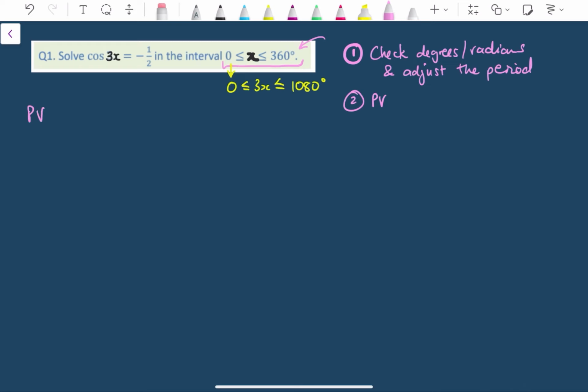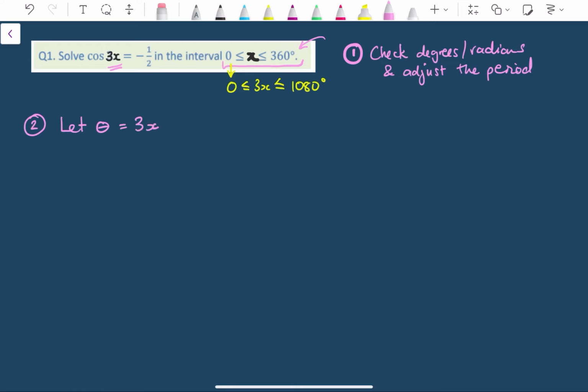Okay, we're ready for step 2, which is find the principal value. In this case, because I have 3x, I'm going to make a little substitution, and I'm going to say let theta equal 3x.